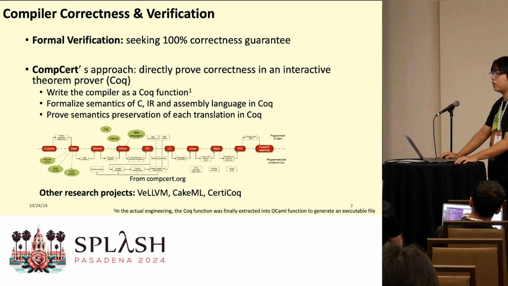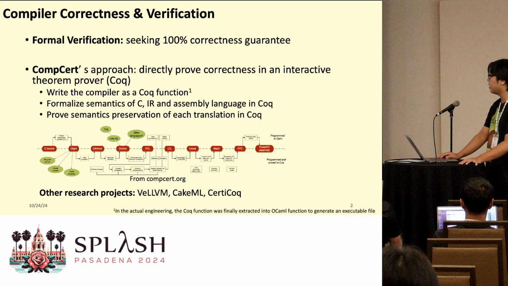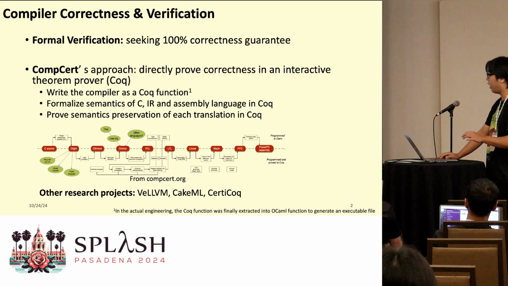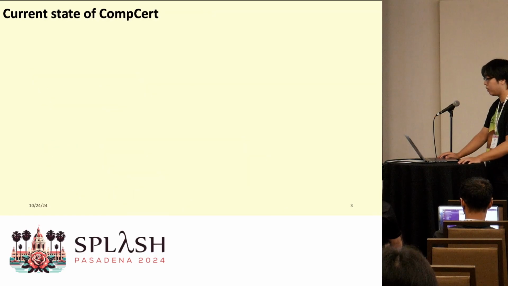It established the formal semantics and syntax from the source C level to the target assembly levels, implemented compiler passes and optimizations, and fully proved the correctness and preserved and proved the semantics preservation between those translations.